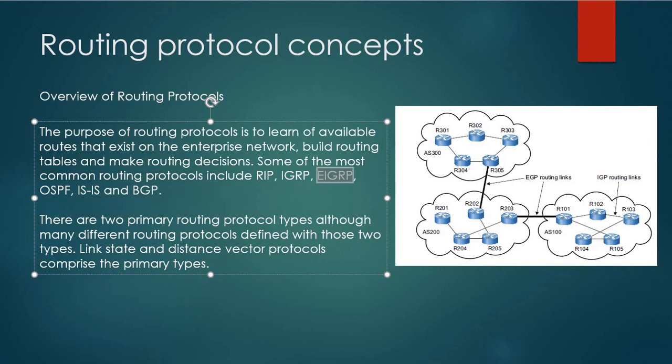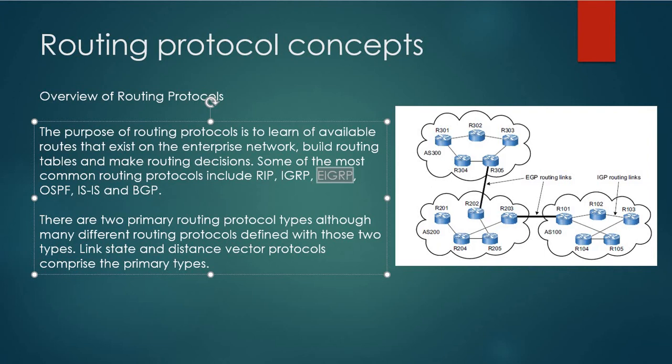There is the option to load balance traffic across equal or unequal metric cost paths. Summarization is automatic at a network class address. However, it can be configured to summarize at the subnet boundary as well.